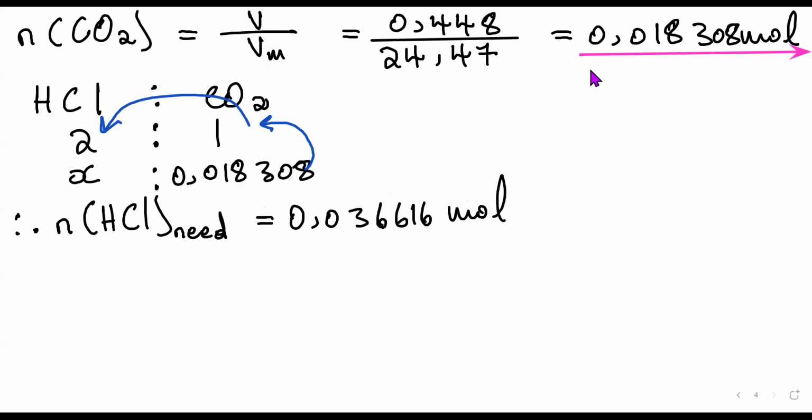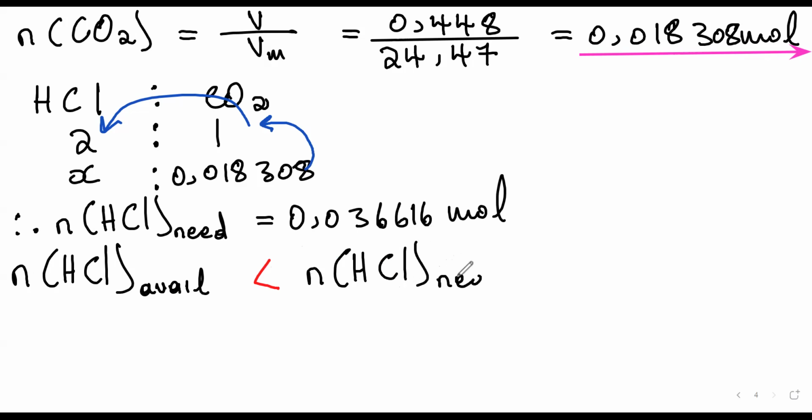Okay, but then if you remember well, in the statement they gave us the available number of moles. Now we know the number of moles that are needed. So now we have to compare these two number of moles. We say, well, the number of moles of hydrochloric acid that are available at the start of the reaction, well, they're actually less than the number of moles that are needed.